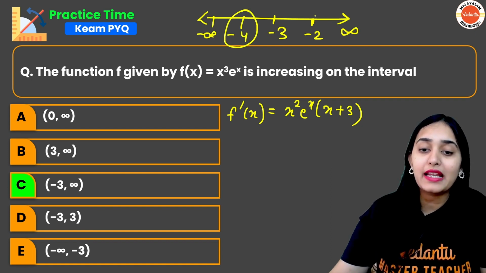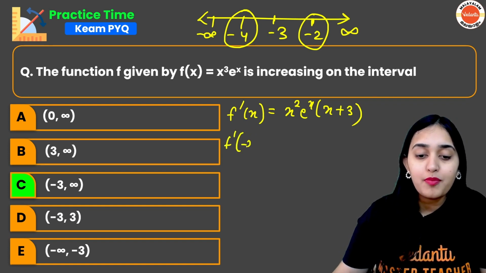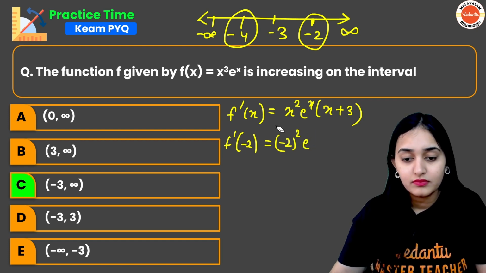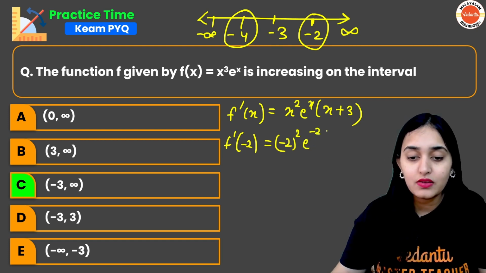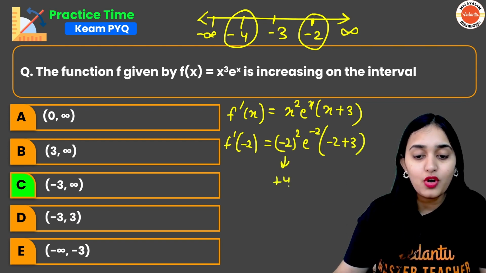So we will check minus 4 and we will check minus 2. So f dash at point minus 2 is minus 2 whole square e to the power minus 2 and minus 2 plus 3. Now this is plus 4, this is upon e square, and this is 3 minus 2, 1.